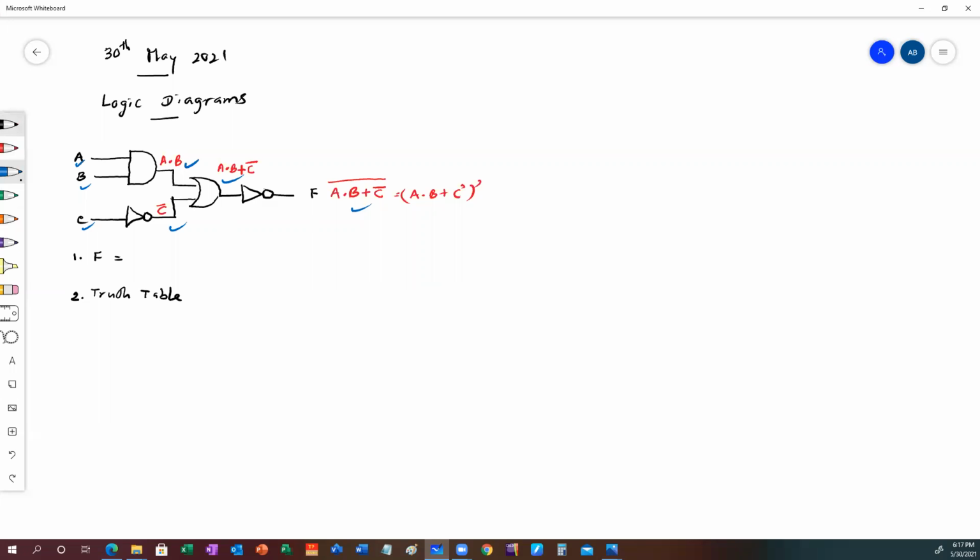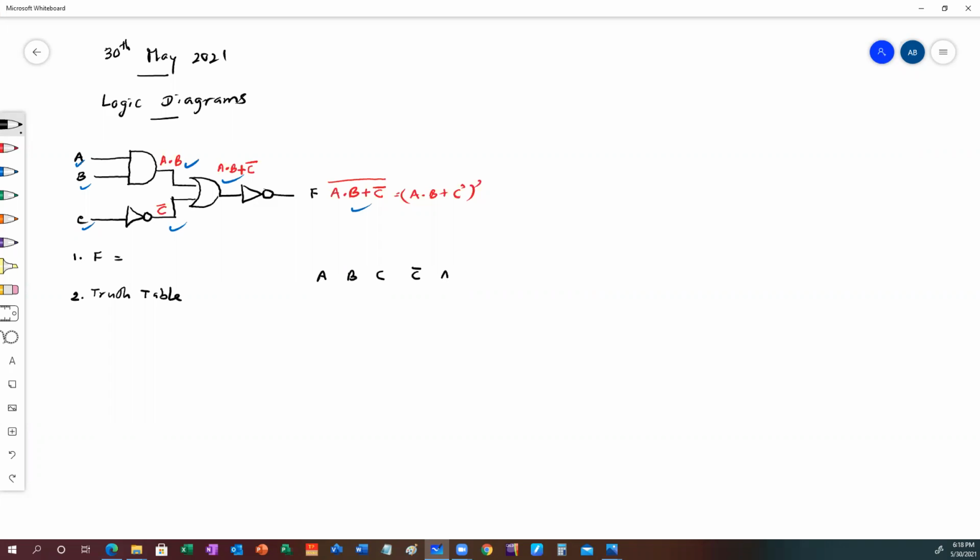Right, start doing it. They are A, B, C inputs. Then A and B, then down there. Before that, you can have C bar.